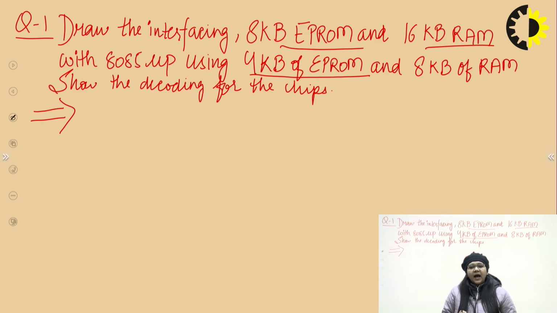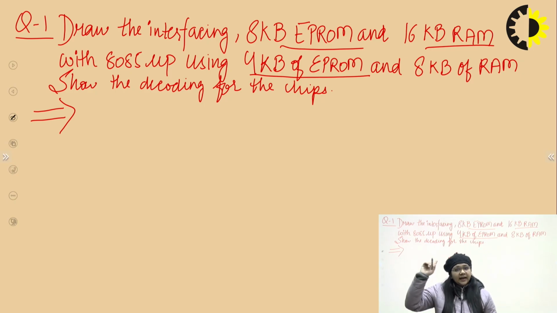Here I have to interface 8 KB of EPROM and 16 KB of RAM. But there is a twist here. It is given using 4 KB chips. So I have to interface 8 KB of EPROM using 4 KB chips. That means I will be using 2 chips for EPROM, 4 KB and 4 KB.